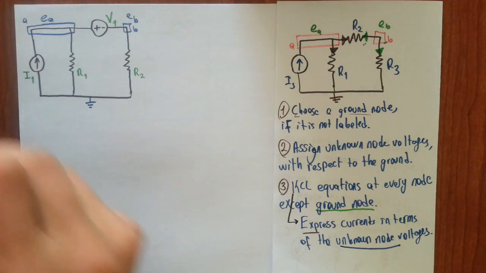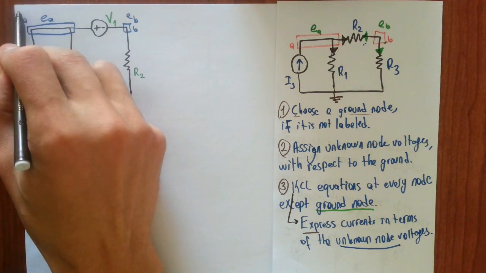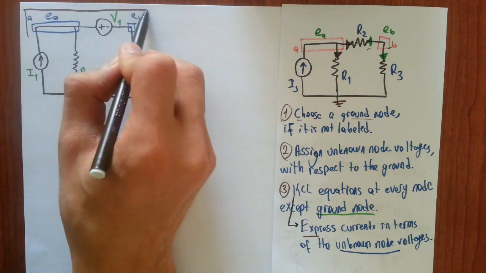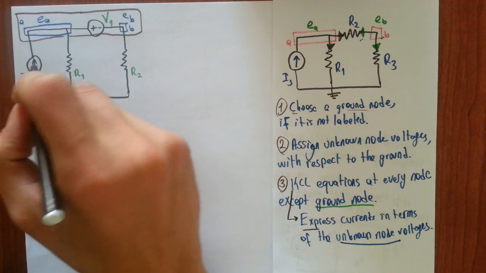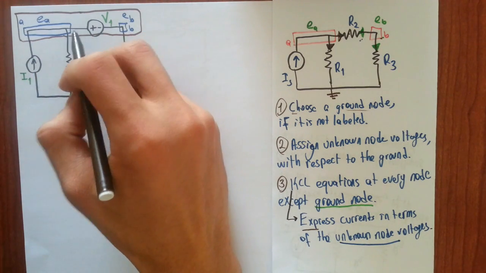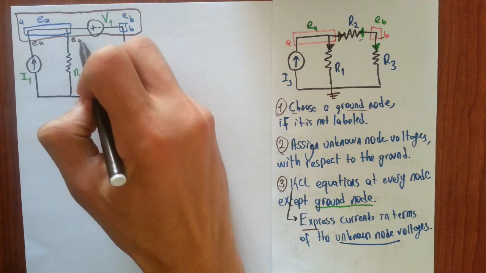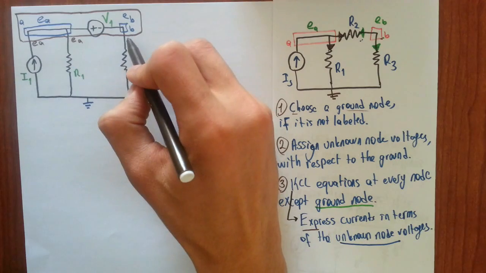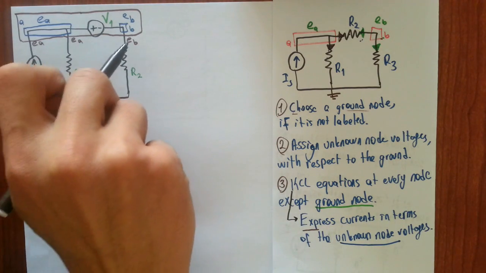So let's construct a supernode like this, and the left terminal of this supernode has a node voltage of EA, and the right terminal has a node voltage of EB.